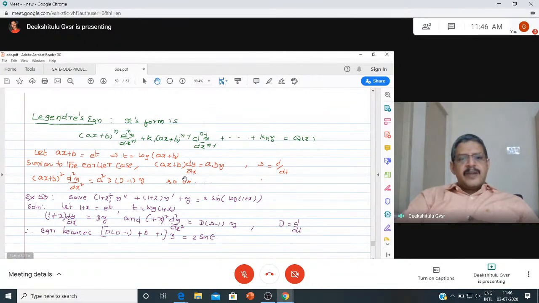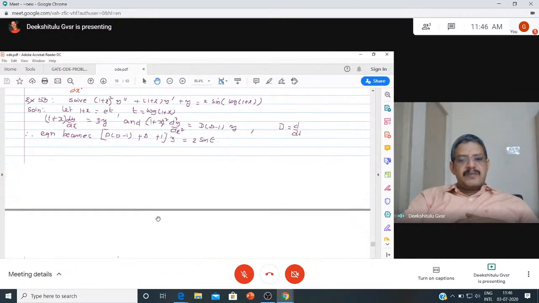So (1 plus x) dy by dx is equal to Dy, where D is d by dt, and (1 plus x) whole square d square y by dx square is equal to D into (D minus 1) y. You substitute these things in the given differential equation. So this becomes [D(D minus 1) plus D plus 1] y is equal to 2 sin log(1 plus x), that is, D square minus D plus D plus 1.